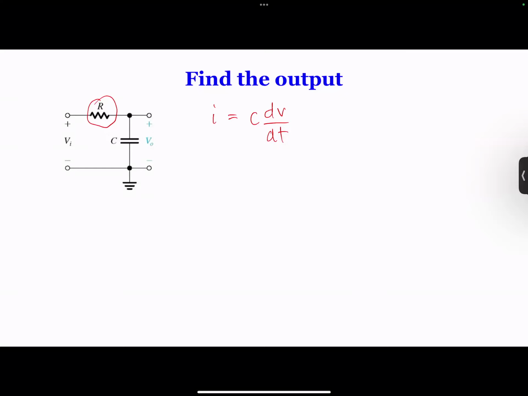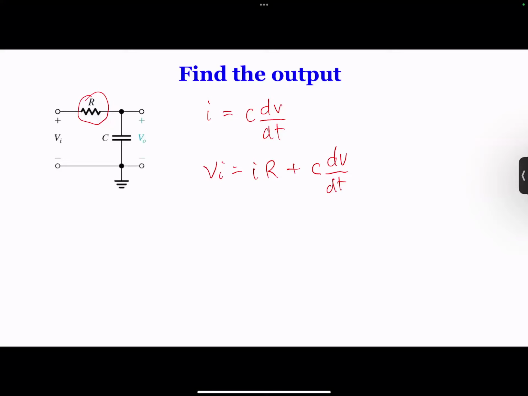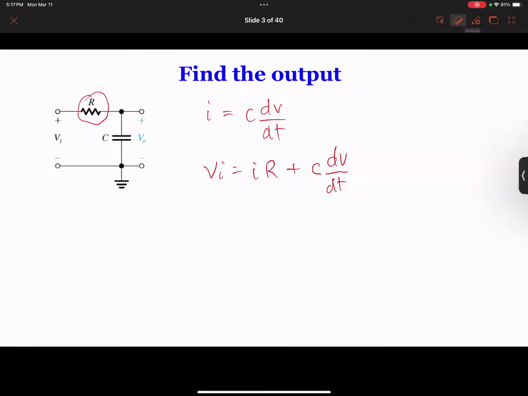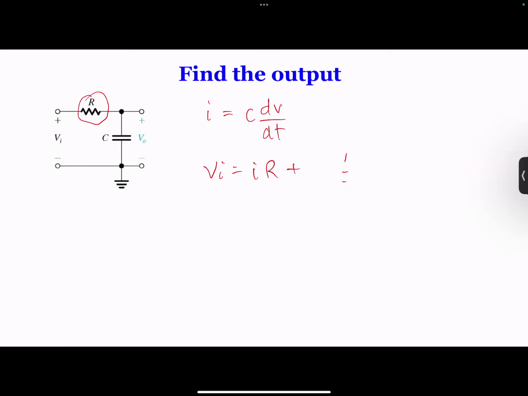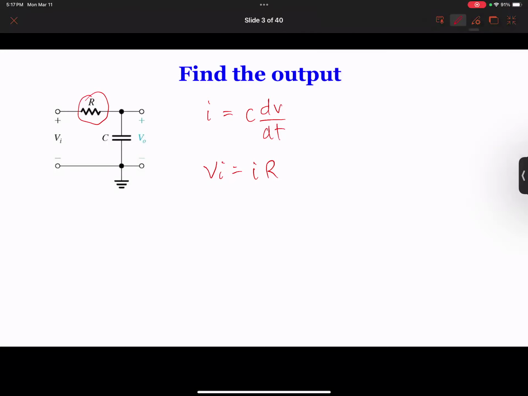And when we write the circuit equation, we can write VI equal to I times R plus VC, and then VC you can use the upper equation to get an integration of I C dt.